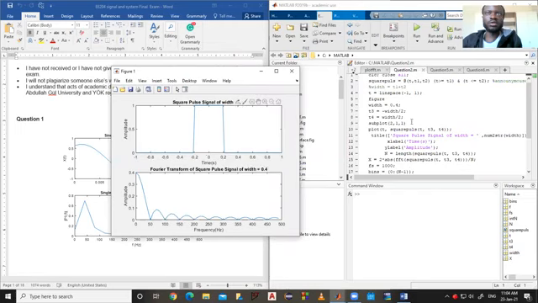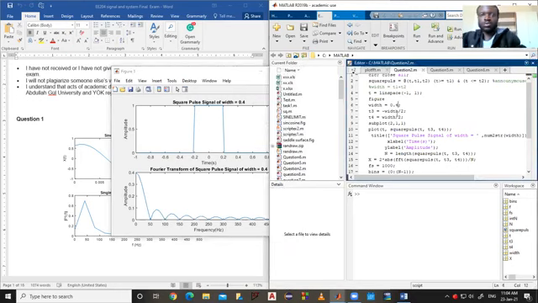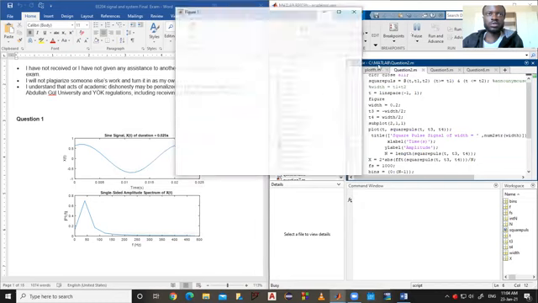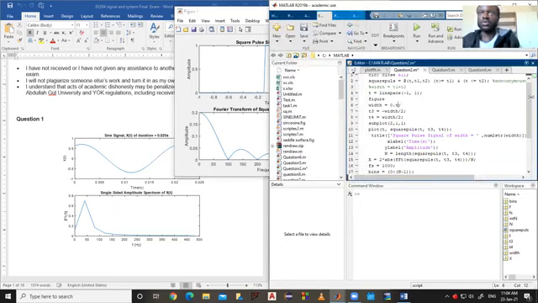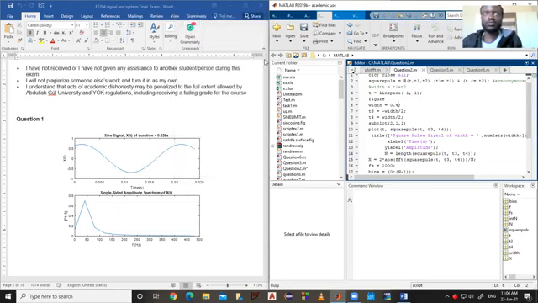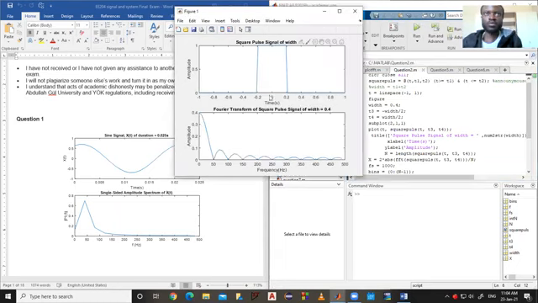Let's start with a width of 0.2, and when we run it, you see the width of 0.2. You see that this is the Fourier transform. See how smooth, and it's not too steep. Let's go to 0.4. We'll see that this is the width of 0.4.